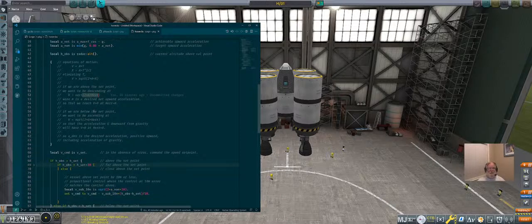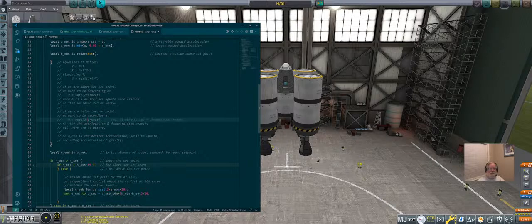For below the set point, same thing, but I'm not going to burn my engines pointing down. I'm going to keep my vessel pointed upwards, so my acceleration is going to be downward at the speed of gravity. So again, V equals square root 2ax, so the distance is h error, so h error from where I am to my set point, and the acceleration due to gravity, and this gives me the velocity upwards, the ascent velocity, so that if I'm at the ascent velocity, gravity will slow me down, so my velocity hits 0 as h error hits 0.